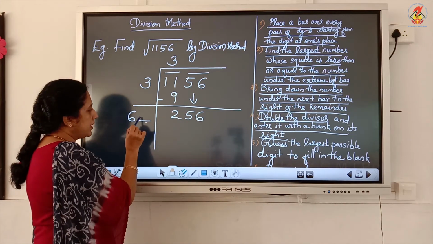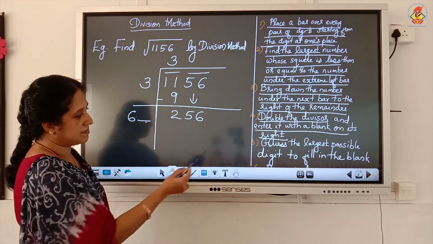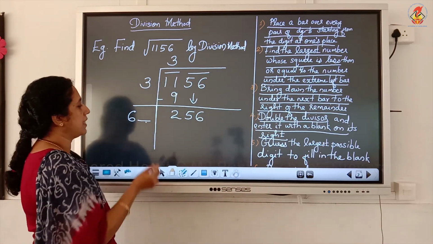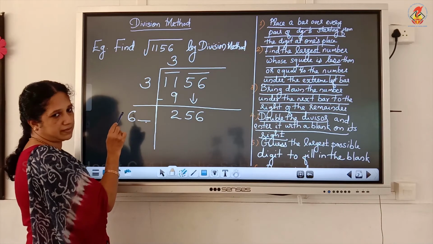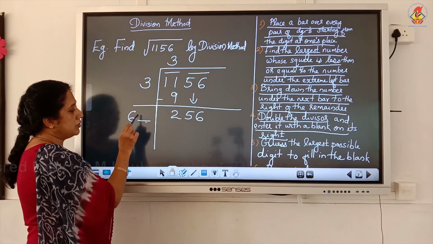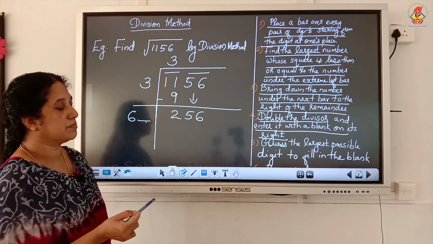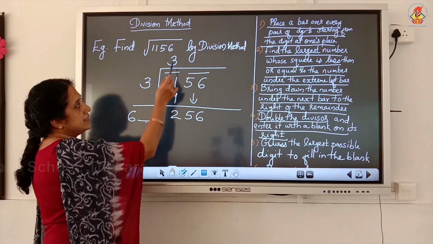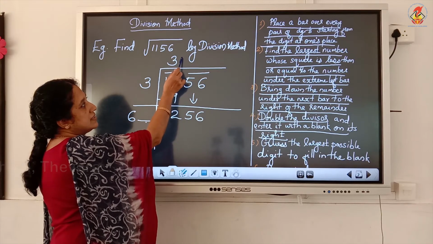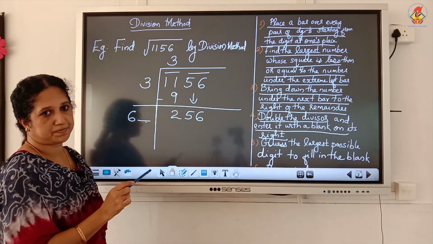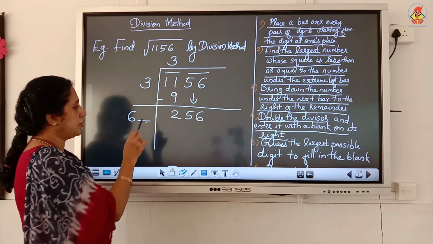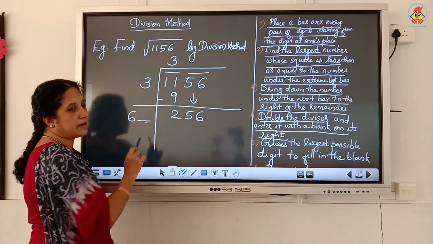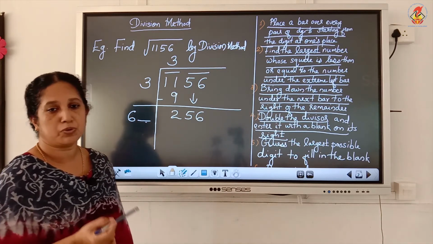Now you have to find out a digit. Next, guess the largest possible digit to fill in the blank. That digit will be the next digit in the quotient. And when you multiply the new divisor with the digit, the number should be less than or equal to 256.